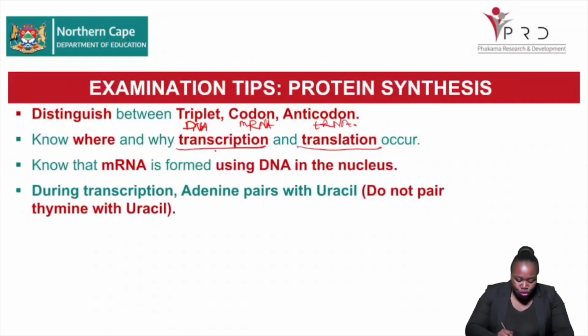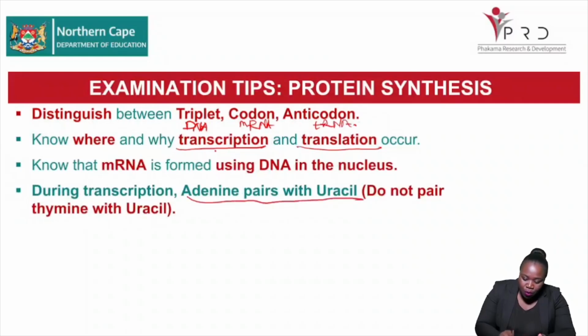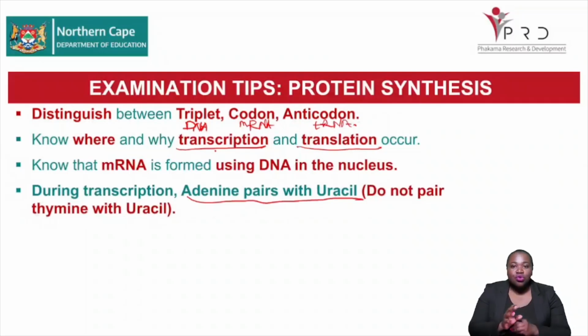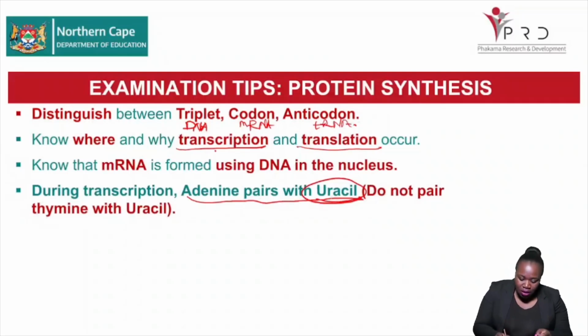You should also understand that during transcription, adenine will pair with uracil. You should not pair thymine with uracil, because when you go through some study material, it says that uracil replaces thymine. It means that uracil will pair with adenine instead of thymine pairing with adenine.